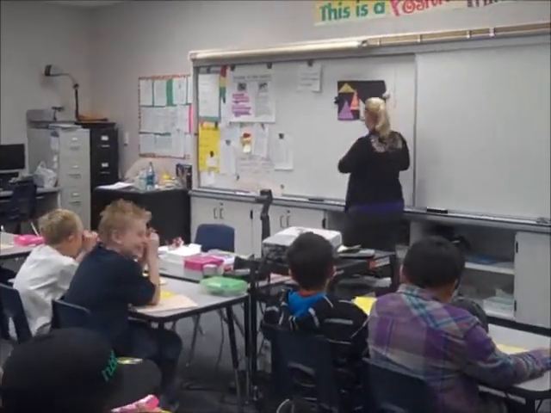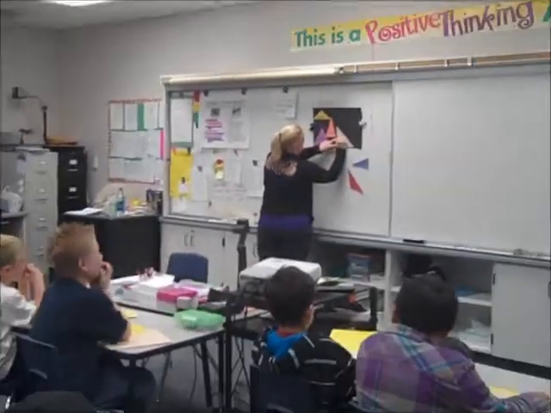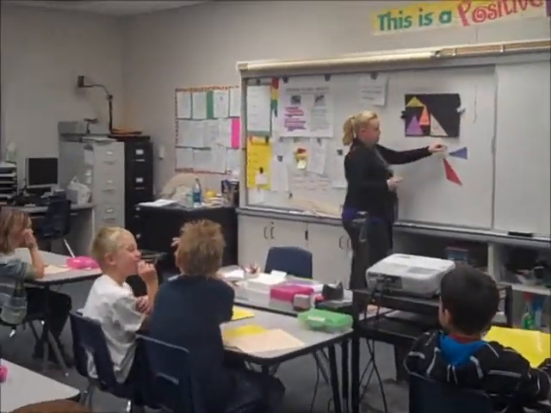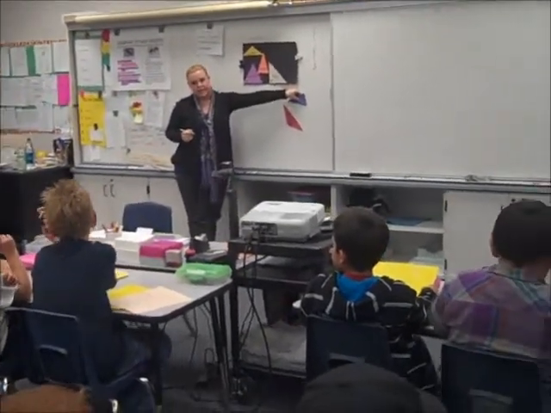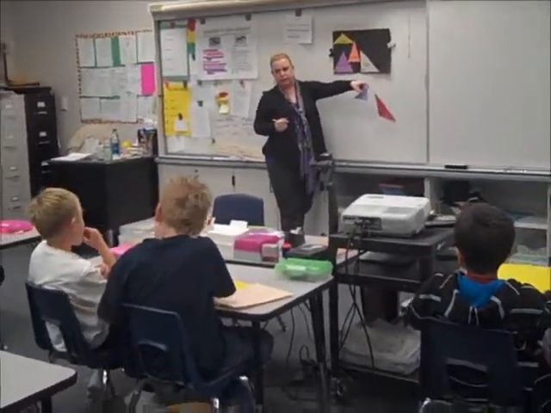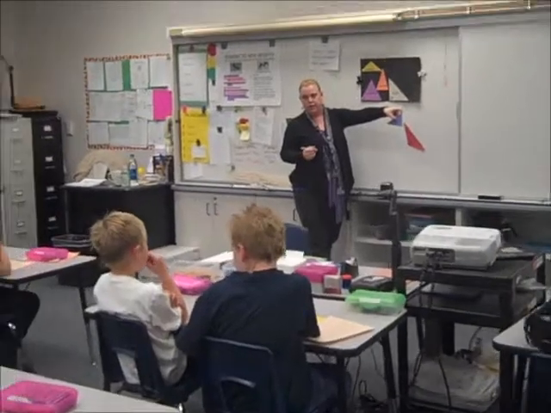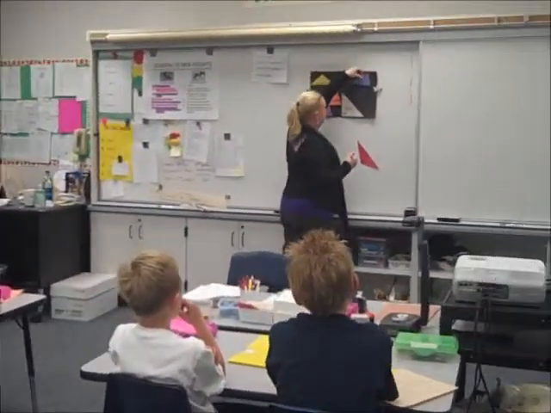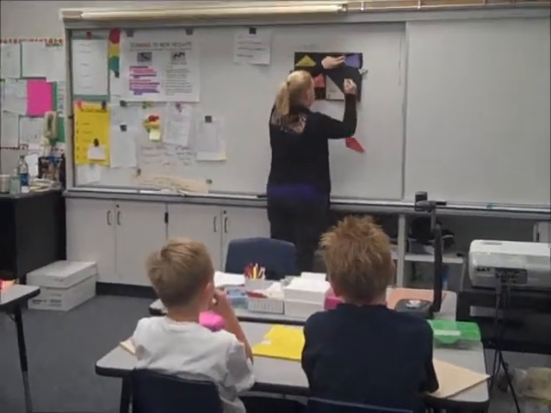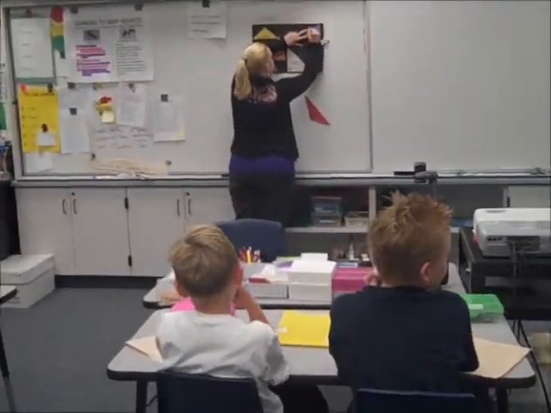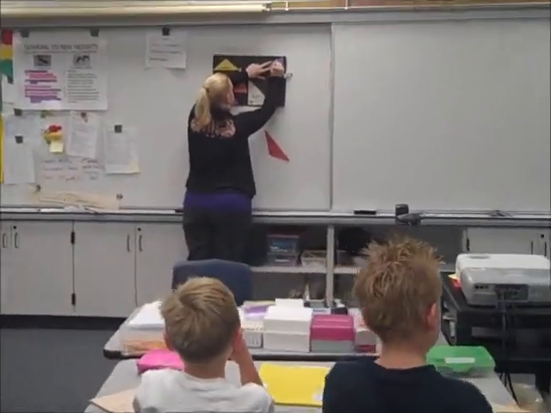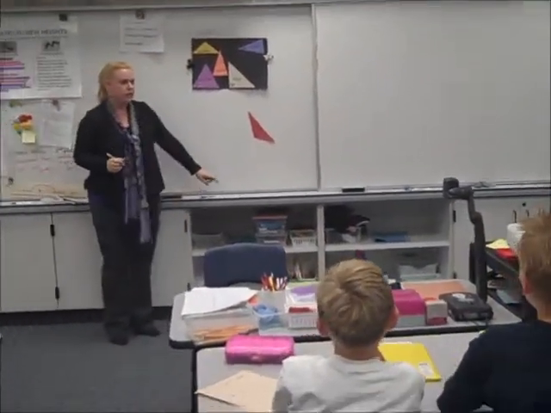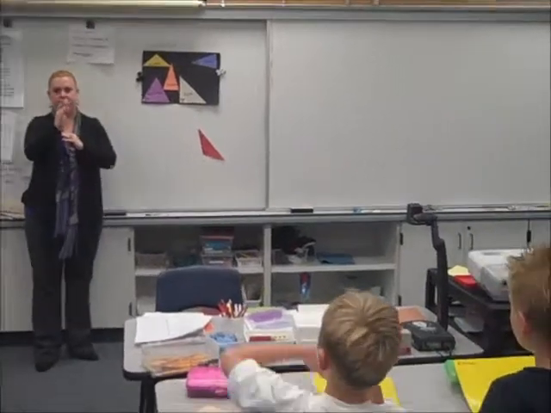Oh, we forgot to write right on this one. So if the angle is less than 90 degrees, the angle is going to be called acute. And it's spelled just like it sounds. A cute little angle. What do you think the angle is called when it's bigger than 90 degrees?